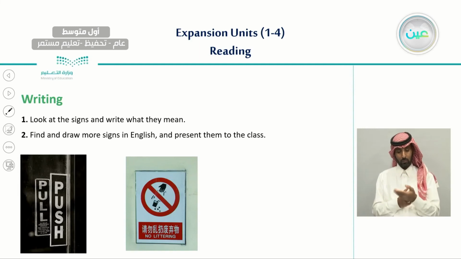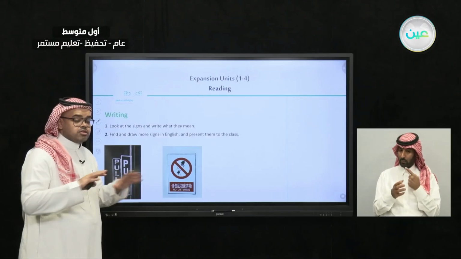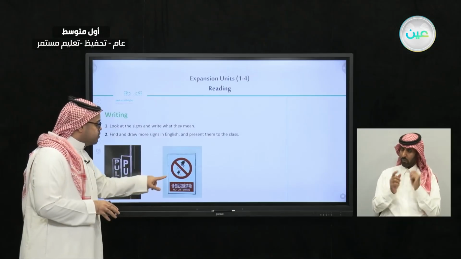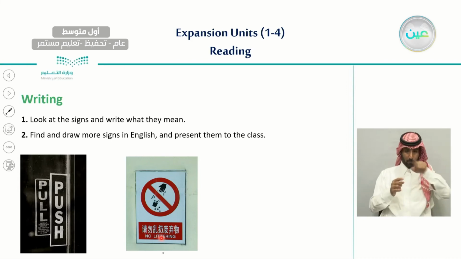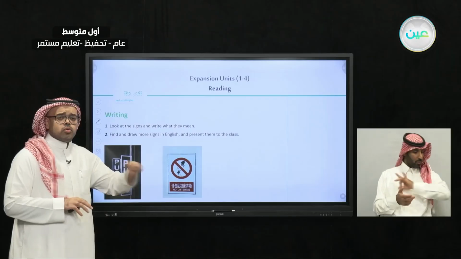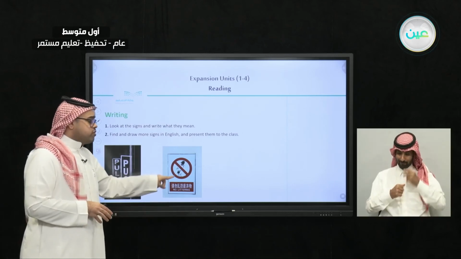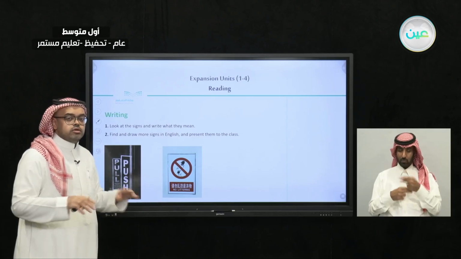Also, the other sign here, and this sign we need to explain, as it's not clear from the first look. This sign means no littering. It means do not throw your garbage or your waste on the streets or in this area. So this sign means it is forbidden to litter.